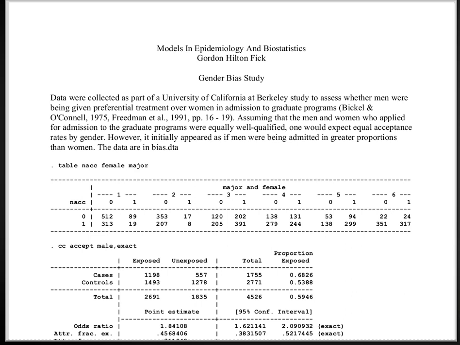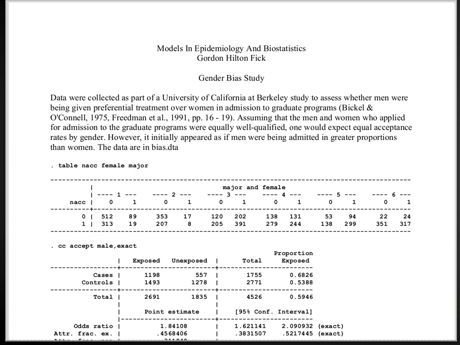And this was a study collected by and conducted by the University of California at Berkeley, and it was dealing with an issue that was of concern at the time, and that was was there gender bias in admission to graduate programs, and in particular, were men being given preferential treatment over women in admission to graduate programs.